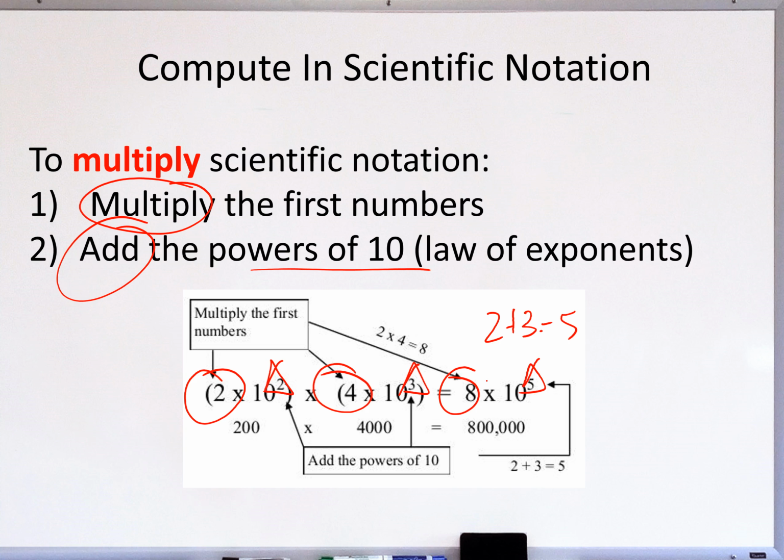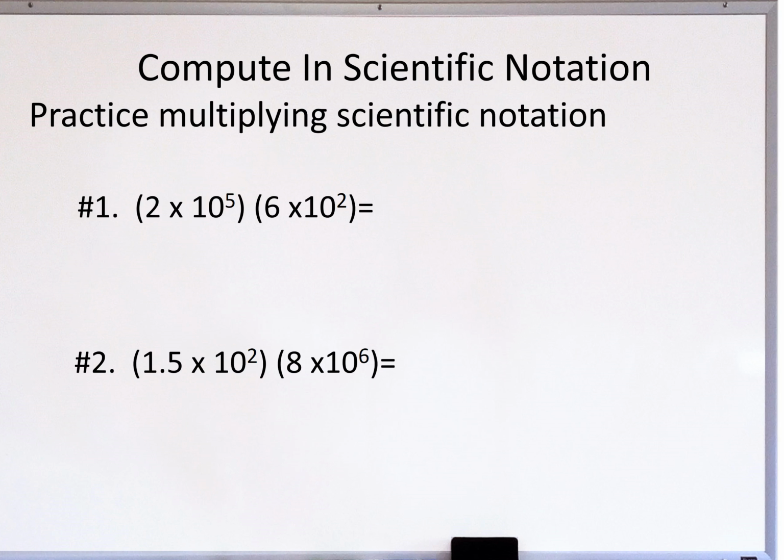Let's do a few examples. All right, so I have 2 times 10 to the power of 5 times 6 times 10 to the power of 2. So I'm going to multiply these first numbers, and I'm just going to add my exponents.